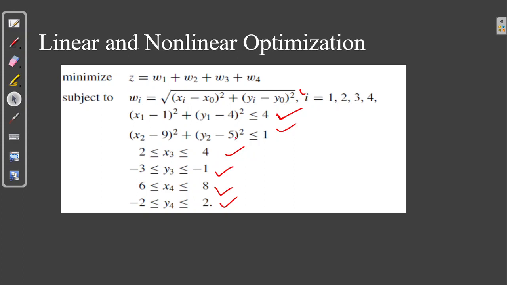Here this is a non-linear optimization. Why? Because if you expand x1 minus 1 whole square as a minus b whole square, you will get a non-linear equation of degree 2, and y is also having degree 2, right? So this is clearly non-linear constraints.